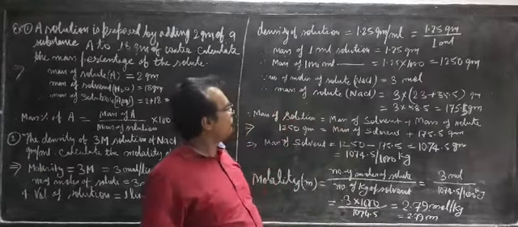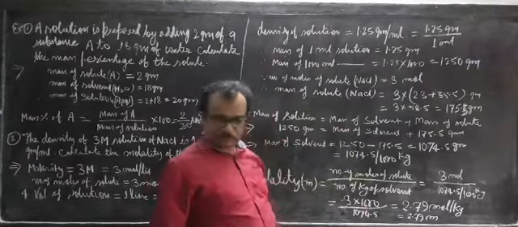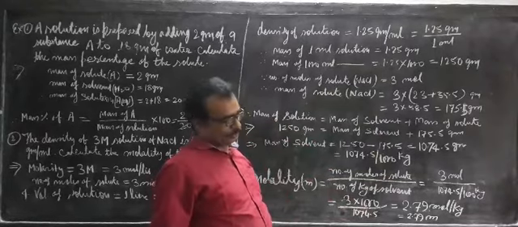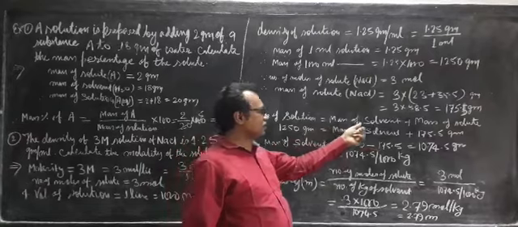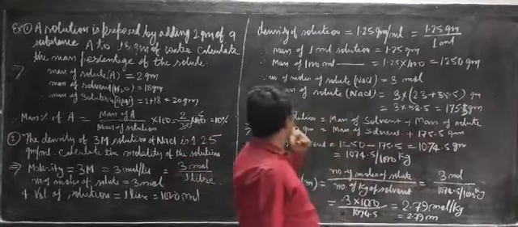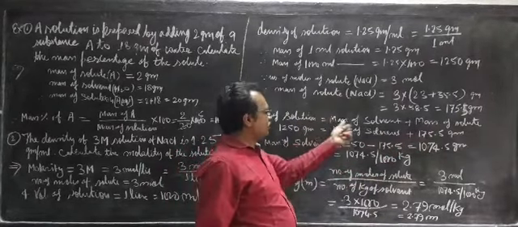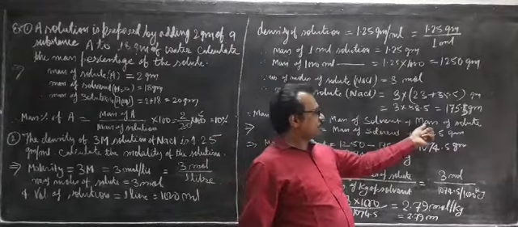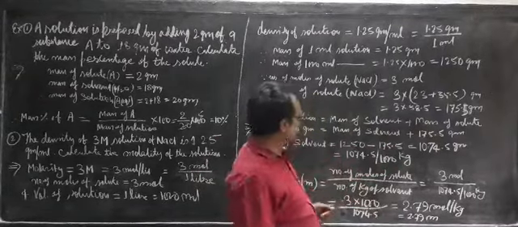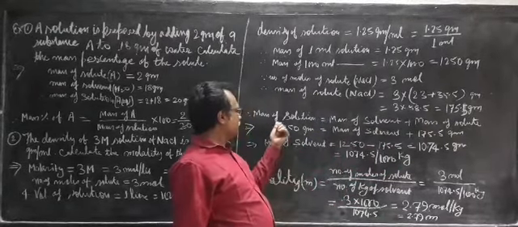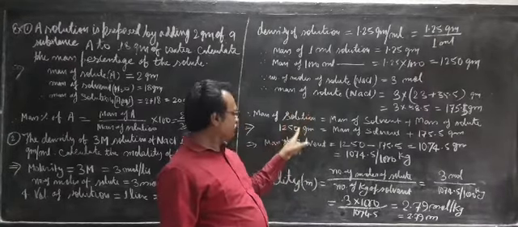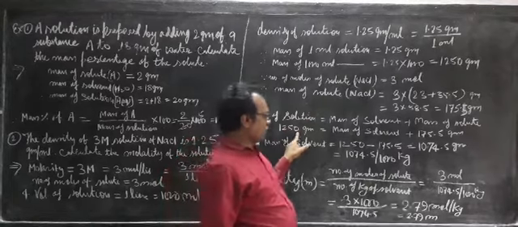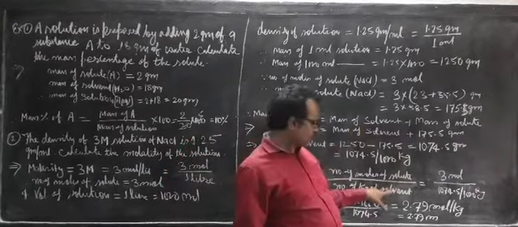We have the mass of the solute and the mass of the solution. Now the formula is: mass of solution equals mass of solvent plus mass of solute. The mass of solution is 1250 gram, the mass of solute is what we found, and the mass of solvent we have to find out.